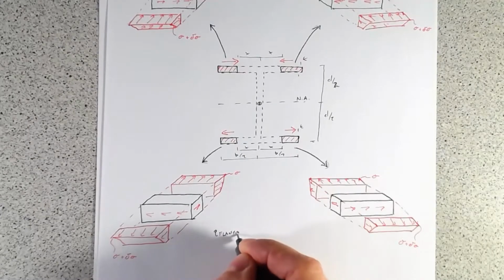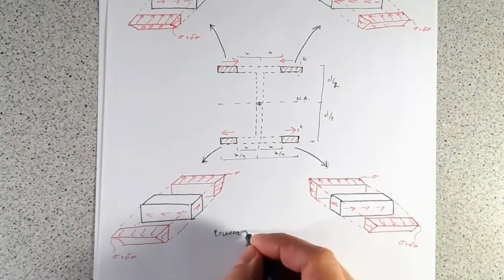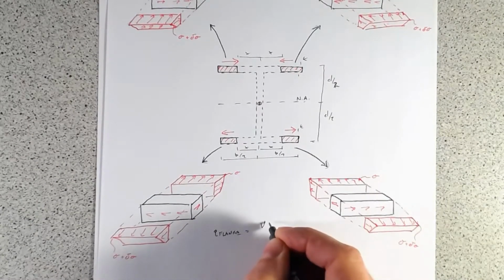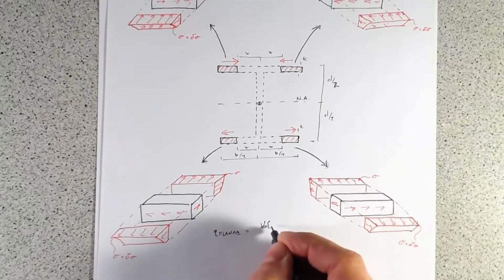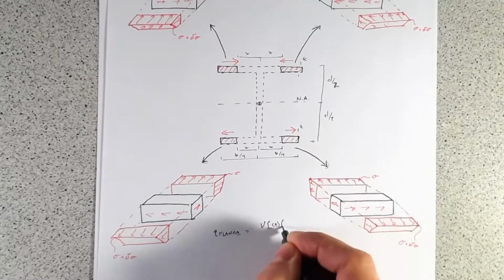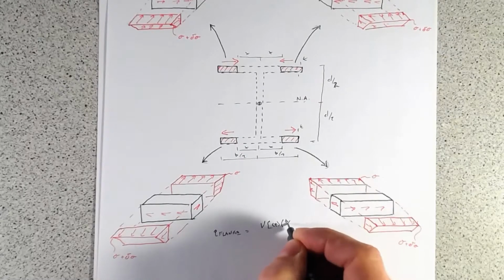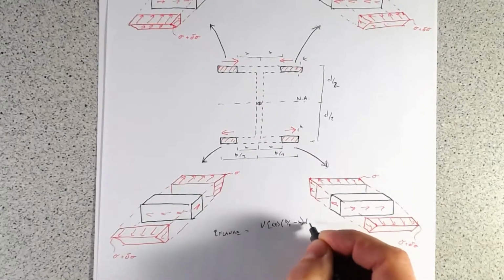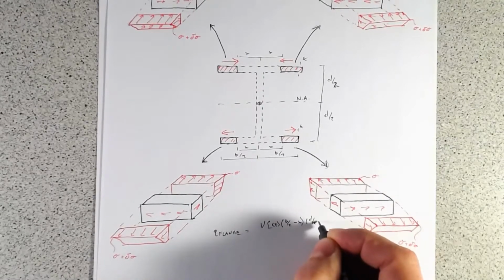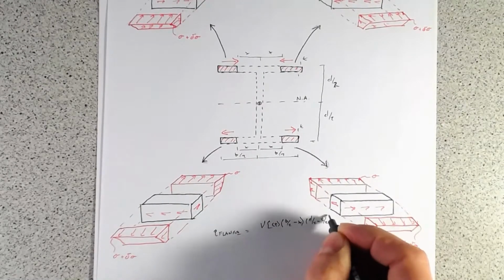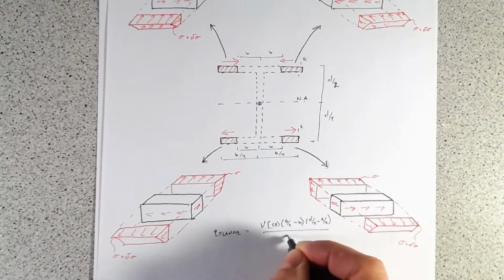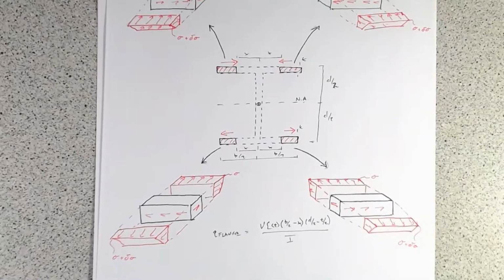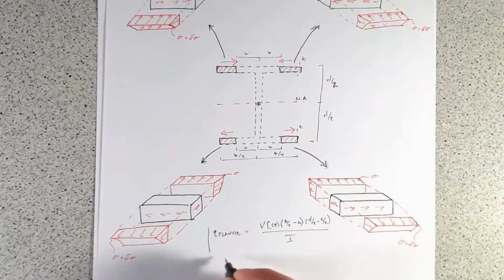So Q flange for all flanges is going to equal V times t times (b over 2 minus x) times (d over 2 minus t over 2), divided by I. So that's going to be for all of the flanges.